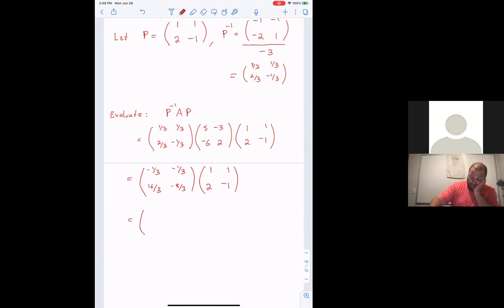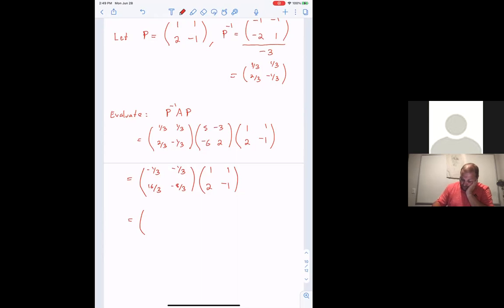Let me just check it in my calculator. So we're going to put in a 2x2 matrix. The 2x2 matrix is 1, 1, 2, negative 1. And then we're going to inverse that matrix, which is 1/3, 1/3, 2/3, and negative 1/3.